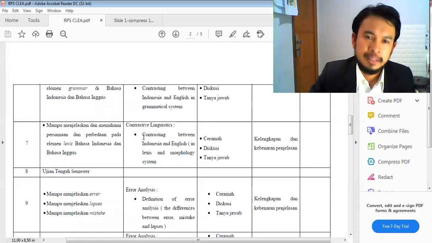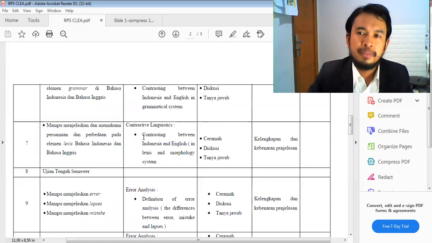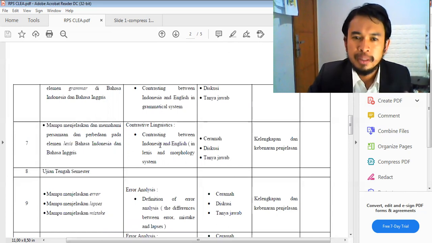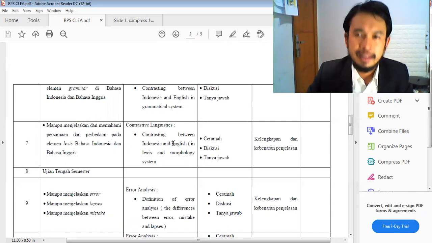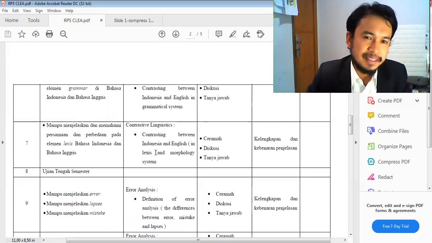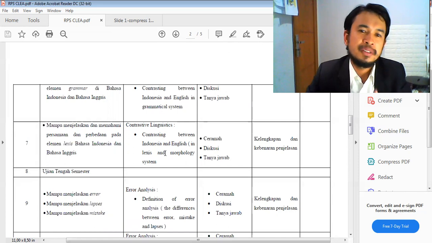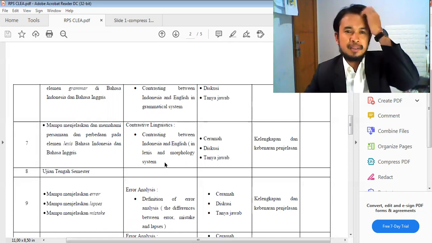And last but not least, a week before the mid-test, we are going to talk about contrasting between the Indonesian and English languages in the lexis and morphological system.